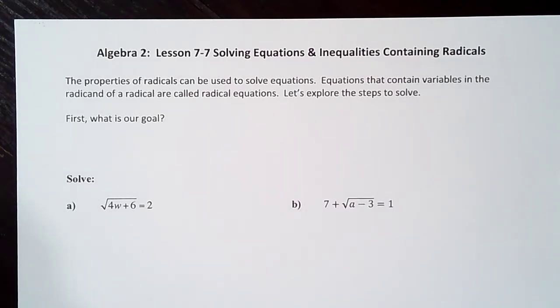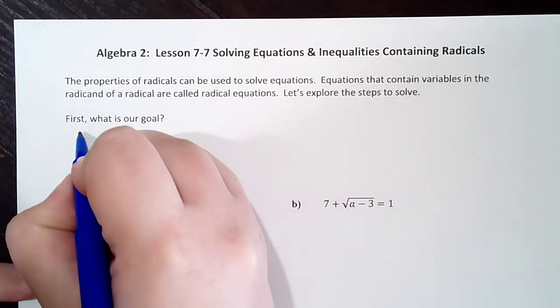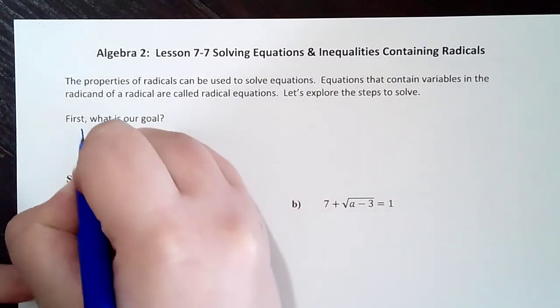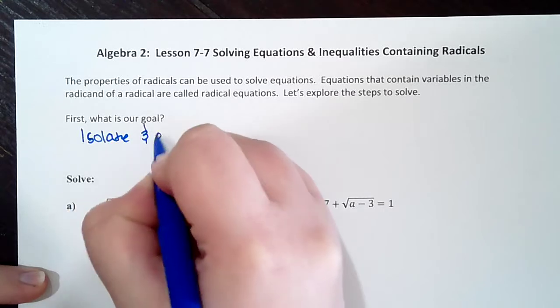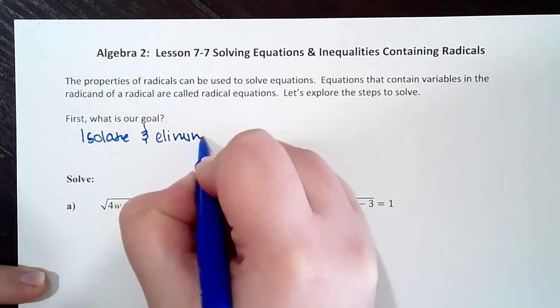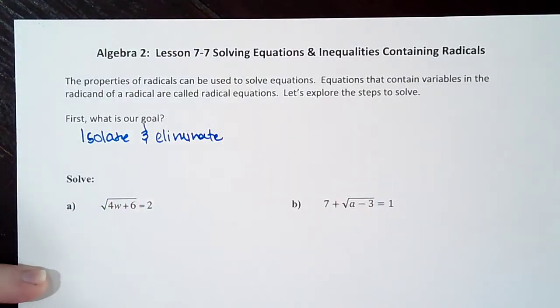So first up, when we are attempting to solve equations with radicals, what is our goal? I like to remind myself of the phrase isolate and eliminate. This essentially tells me that my first goal of the problem is going to be to isolate the radical.